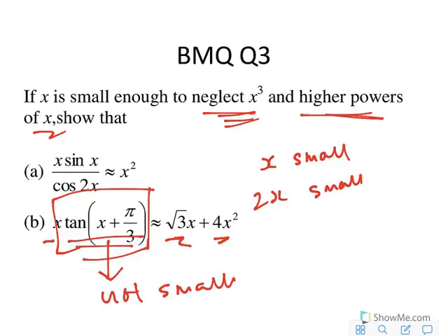So what we need to do, before we go about doing this, is expand x tangent of x plus pi over 3. How do you go about doing this? The step that we need to do is use the addition formula.